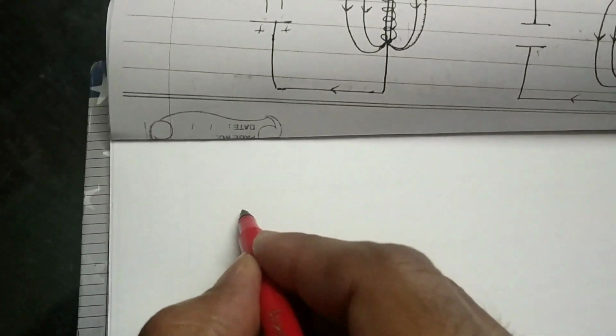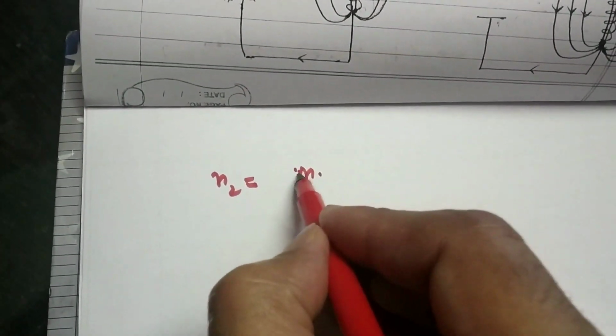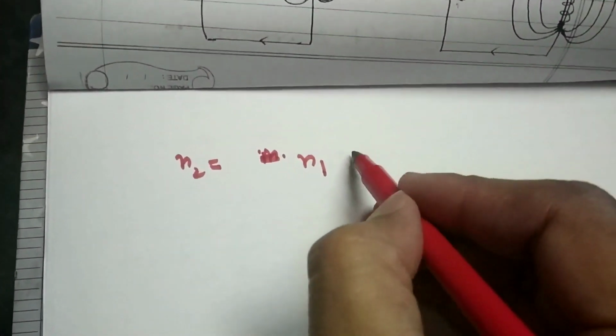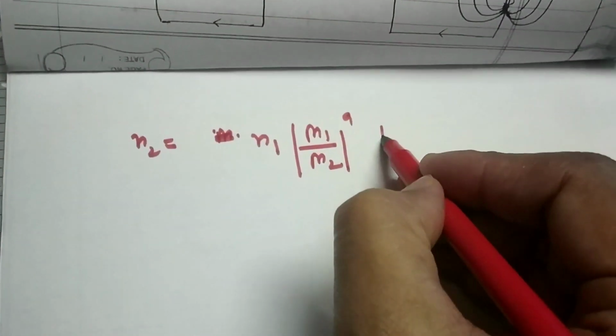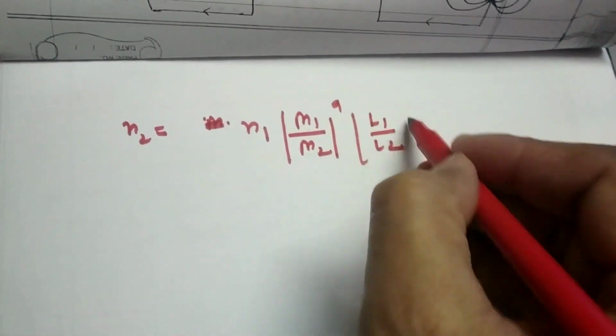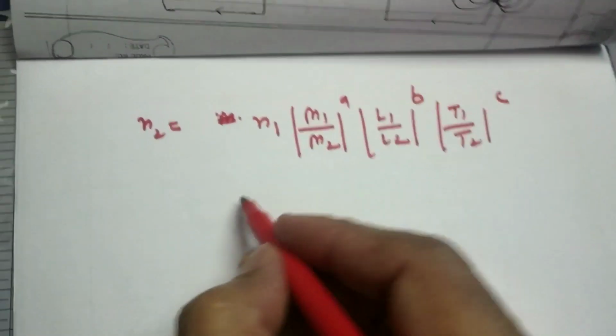So directly we can write n2 equals n1 into M1 by M2 to the power a, L1 by L2 to the power b, and T1 by T2 to the power c.